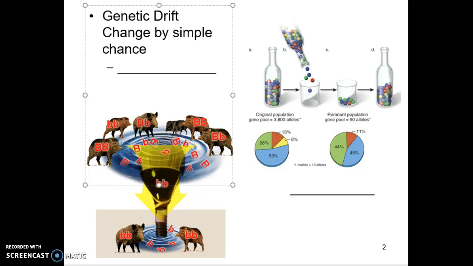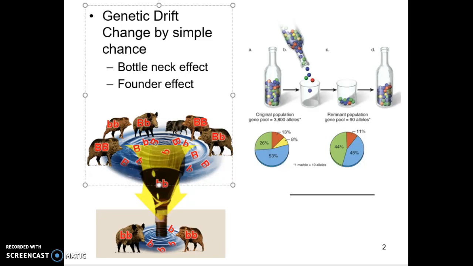And the 2 examples of drift we were just getting into are called the bottleneck effect, and then there's another thing here called the founder effect. This is a factor that can lead to change in gene frequencies.